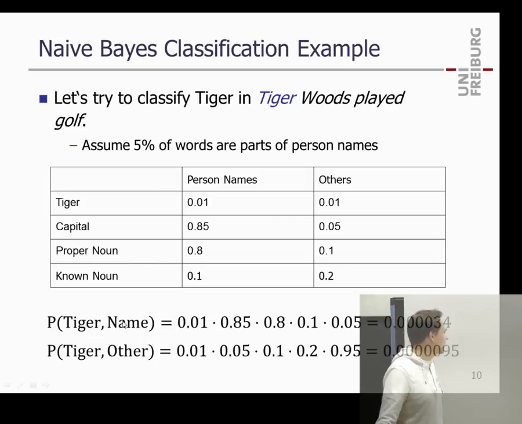So what naive Bayes actually does is make this intermediate step of computing the chance that any word is the word tiger and it's a name. That's why it's called a generative model, because it first computes the chance that both occur, that this input and this class occur, and then you can do this normalization to get the conditional probability.